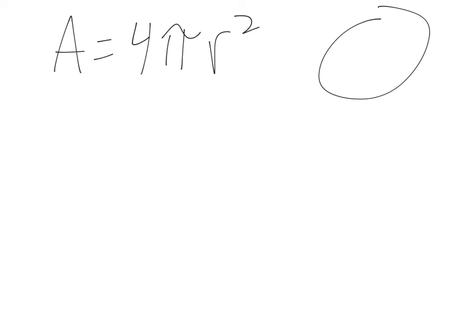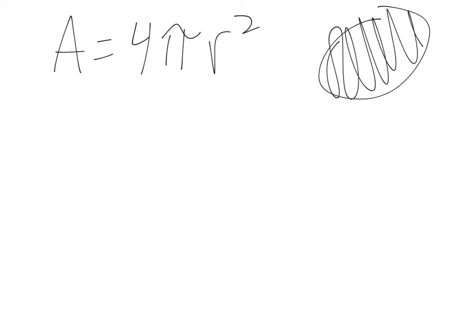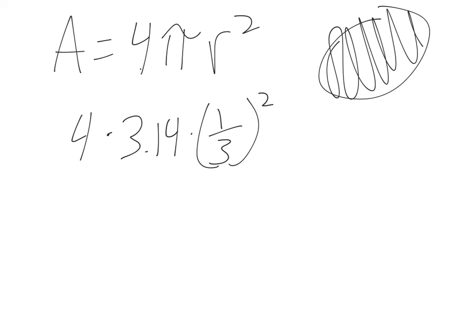So you have a 3-dimensional circle, and if you're trying to find what the actual area around the outside, the actual surface area is, you do 4 pi r squared and figure that out. For this case, I'm going to tell you that we're going to basically evaluate this expression by substituting in 4 would stay 4, and then pi, we're going to use 3.14 as an estimate. And then the radius I'm going to give you is going to be 1/3. And we're going to put that in parentheses and square the whole thing.